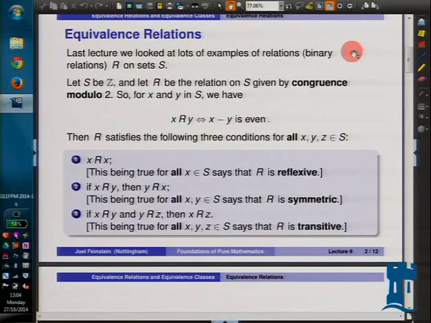So we looked at a lot of examples of relations last time on various sets, and we're going to look at some more this time. Here's one we discussed last time, congruence modulo 2.